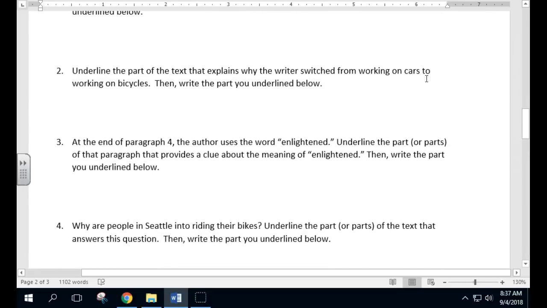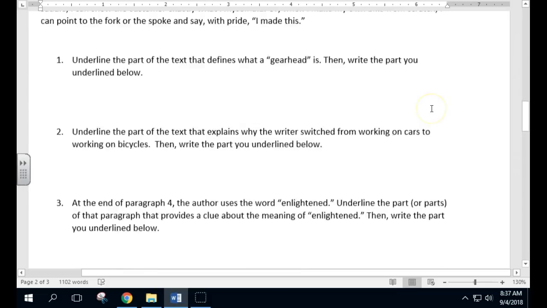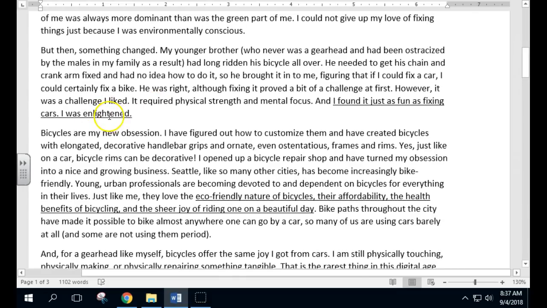All right, so the next question asked about the use of the word "enlightened," and it says to underline the part of the paragraph that provides a clue to the meaning of "enlightened," because he said he was enlightened. Right before it, it says he found it, and that's a reference to working on bicycles.